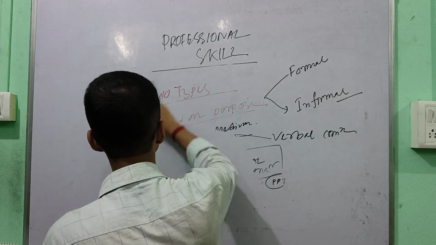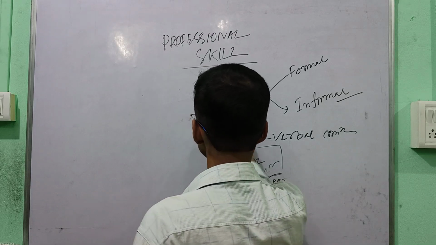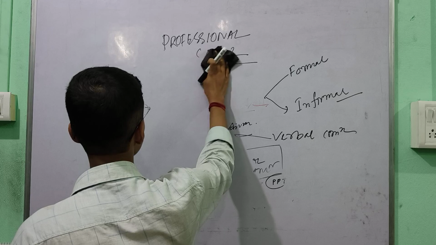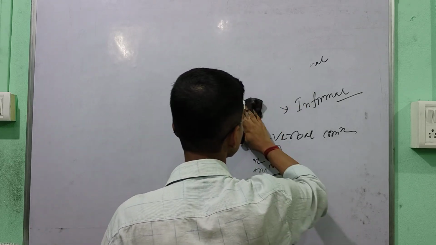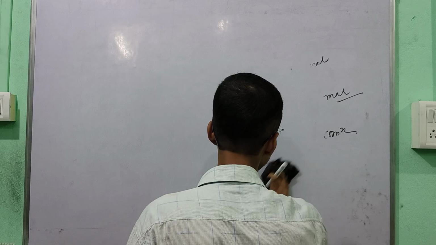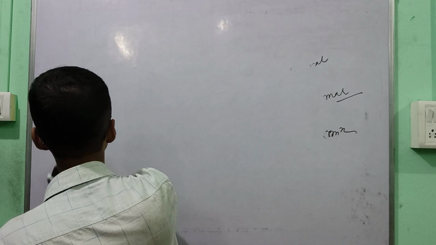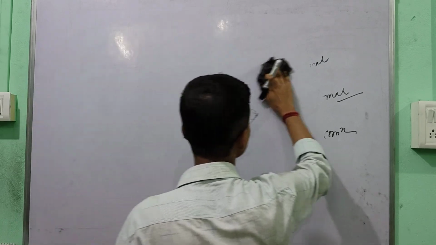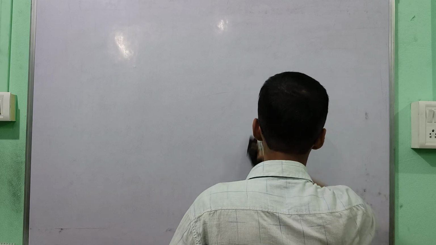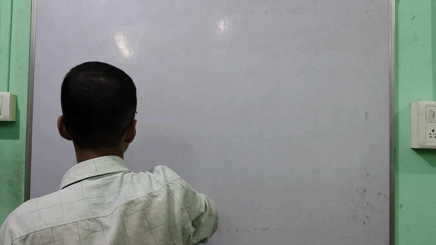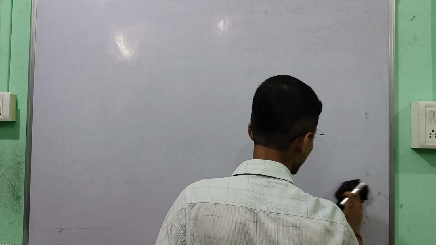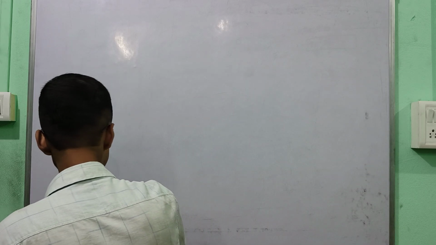So for that reason, we have to draw a cycle, which is mainly known as the 7C cycle of the communication process. It is the most repeated question in our semester exam for the diploma engineering first semester professional skill development subject. The question will come for 6 to 7 marks. Most repeated question, remember my words.